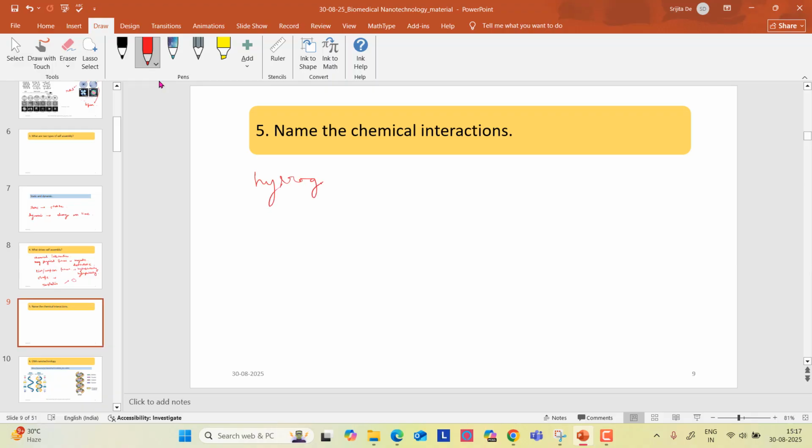Pi-pi interaction. Yes. Then comes the Coulombic interaction. Van der Waals. Yes. All these are very short-range weak forces. So they lead to chemical interactions. Okay.